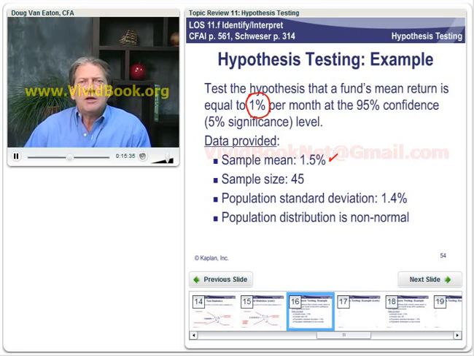Well, our sample size here is 45. We have our sample standard deviation of 1.4, and our population distribution is non-normal. So we don't know that we have a normal population distribution, but we have a sample size of 45. So that's a good sample size, and our population standard deviation is 1.4%.